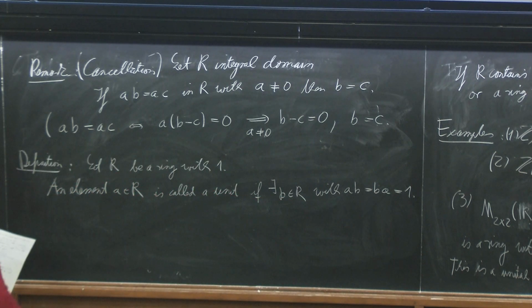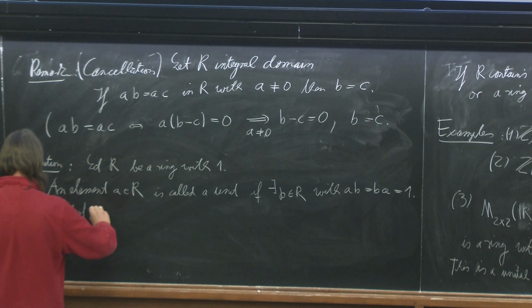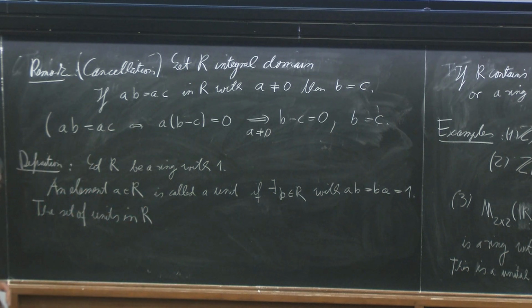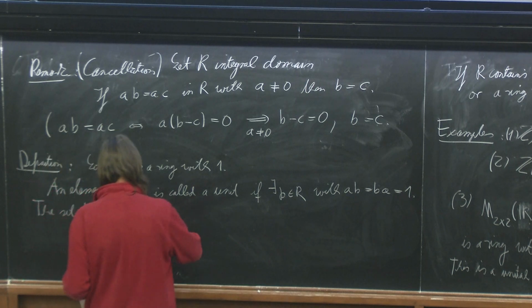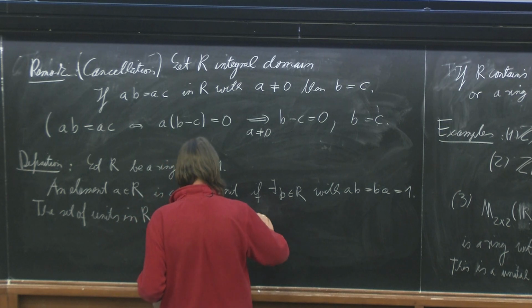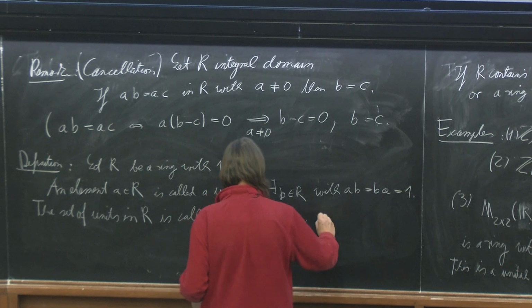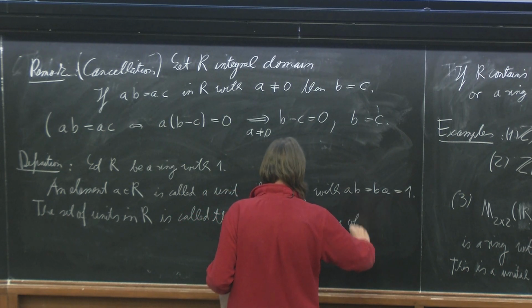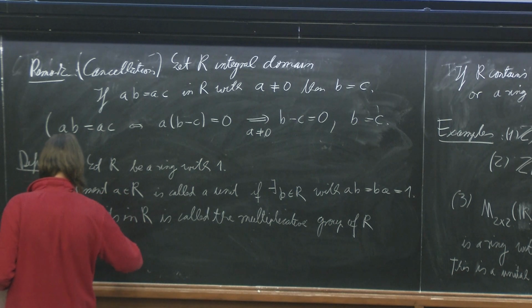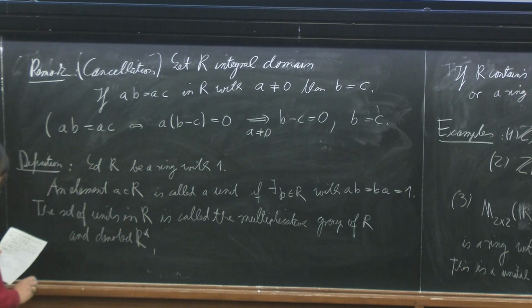The set of units in R is called the multiplicative group of R, and usually denoted R star.